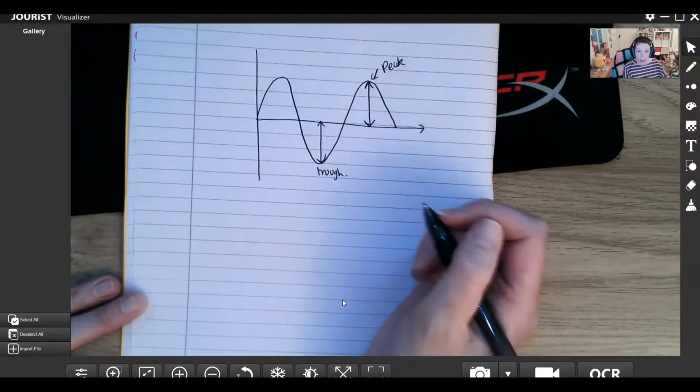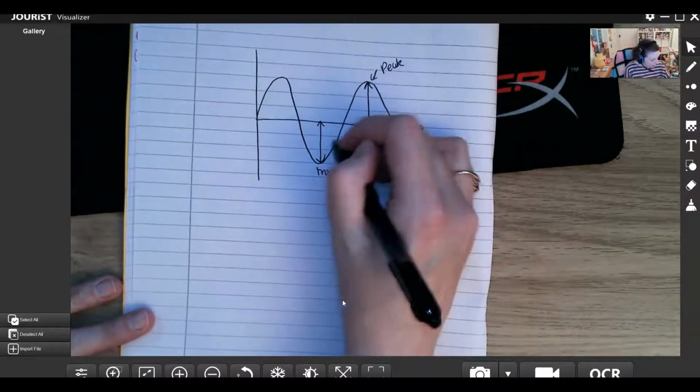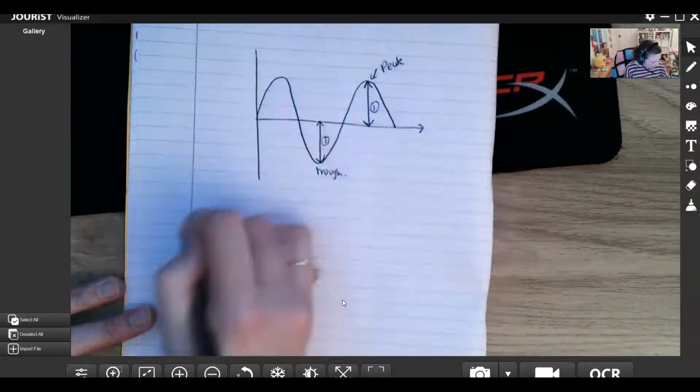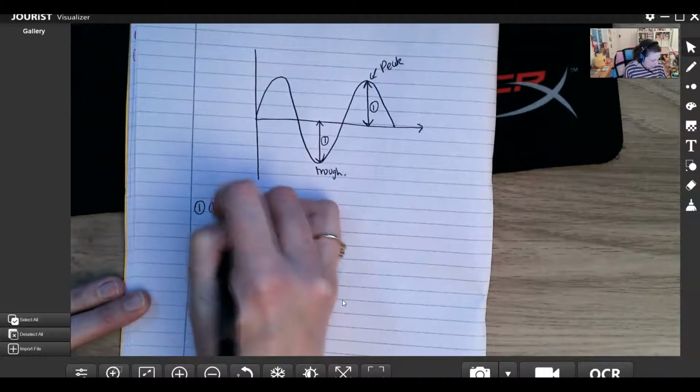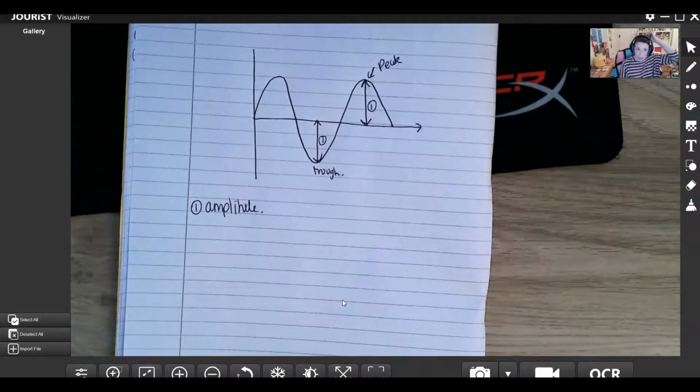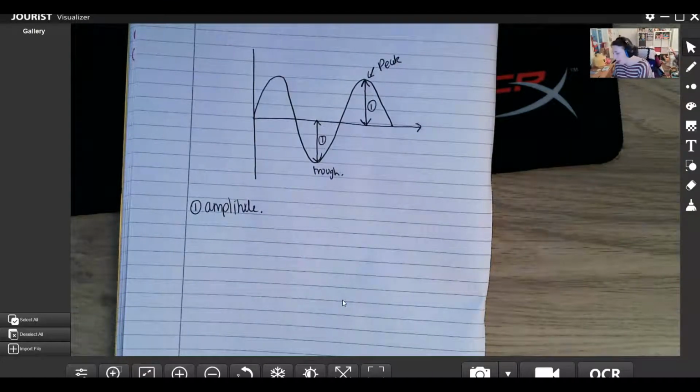Those distances there in black are called the amplitude. In terms of sound, it's actually the volume of the sound, or the brightness of the light, and so on. So it's how loud the sound is, the amplitude.